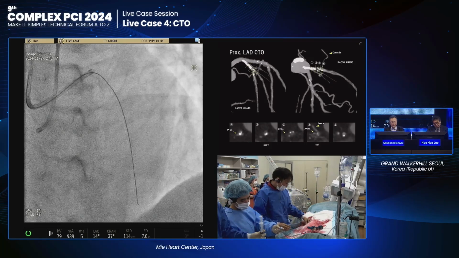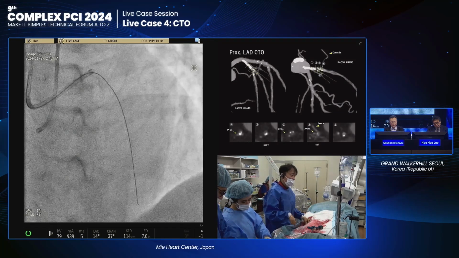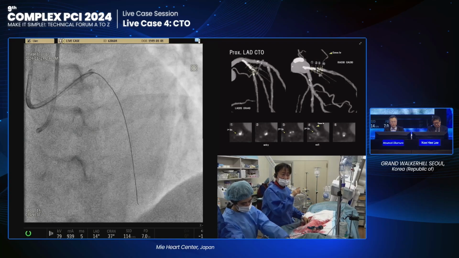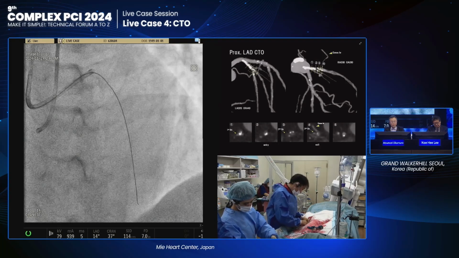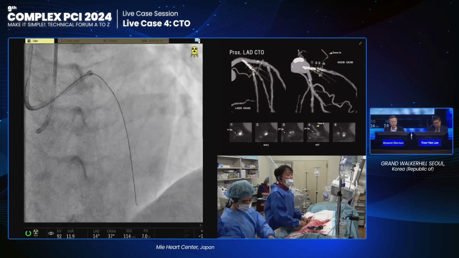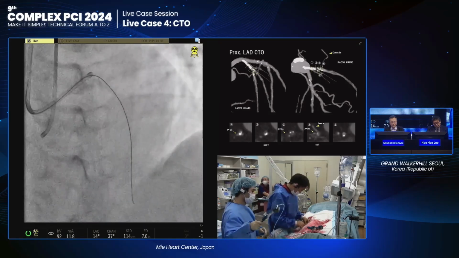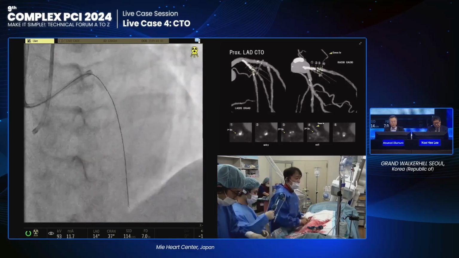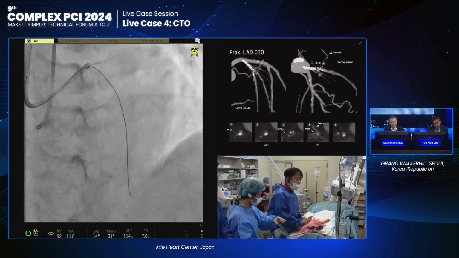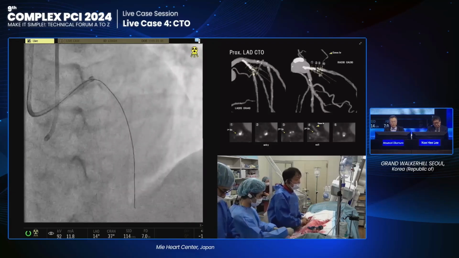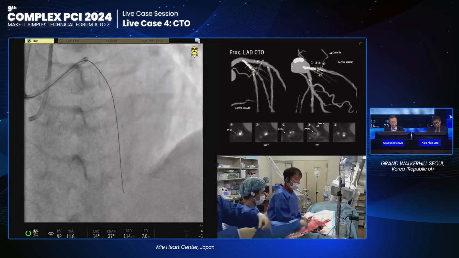Because the Gaia Next 2, 3, 4 very easily go subintimal and also very easily shortcut the LAD main vessel. After shortcutting of the main vessel, selection of the diagonal is usually very difficult. But anyway, I'm not sure about my wire course today.